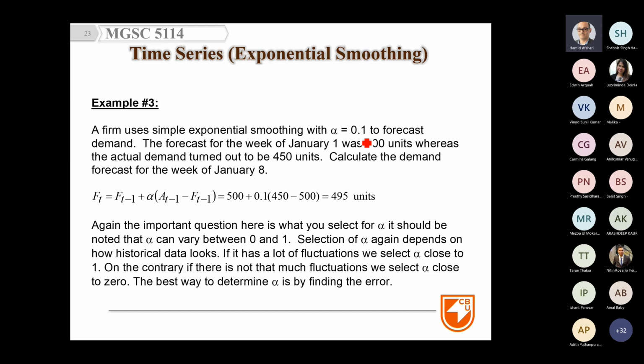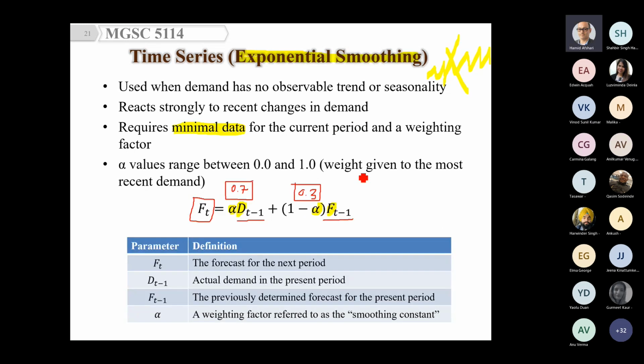The forecast data has the highest weight. So alpha here is 0.1 and the forecast has 0.9. So it means that I will put more weight on the forecast rather than the actual data, correct?